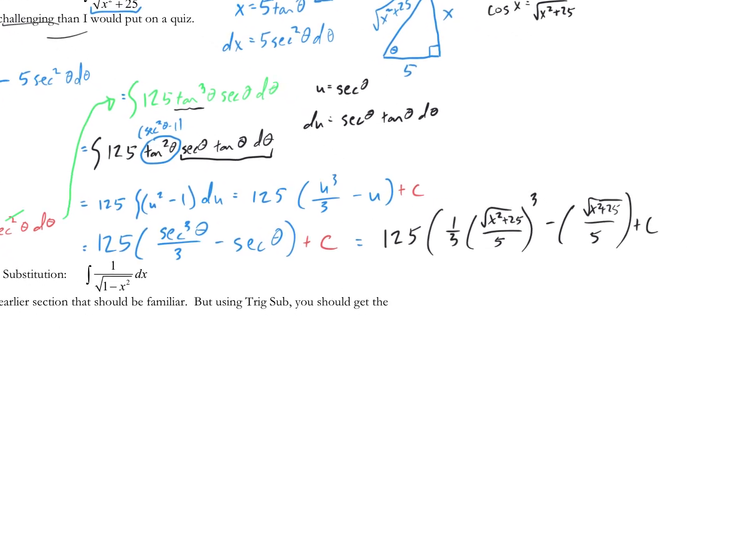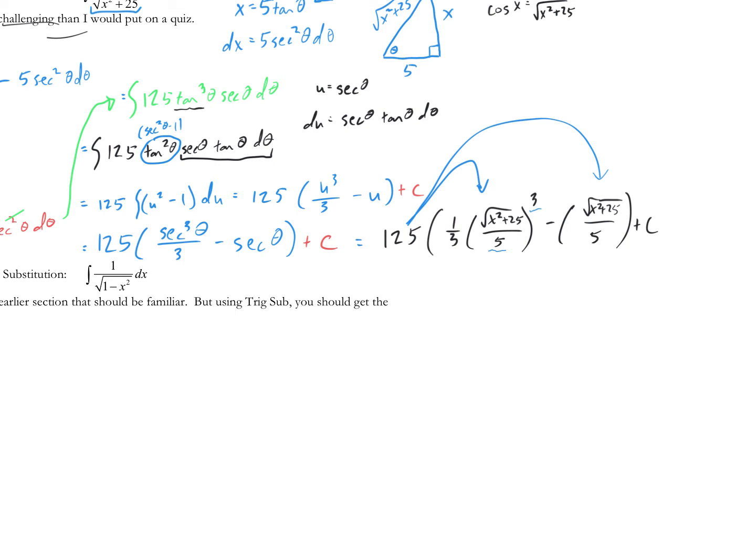And, well, that looks like a big hot mess. We could probably simplify a bit there. When I distribute this 125 to the first term, do you see how there's going to be a little 125 in the denominator there? It'll cancel out. And when I distribute it to the second term way over there with a giant loopy arc, the 5 will cancel.